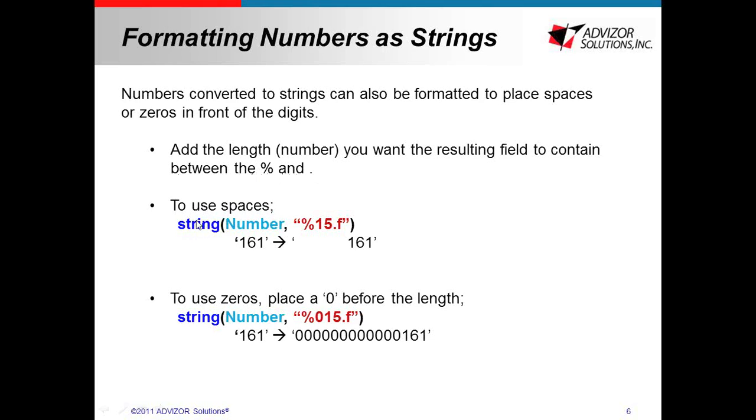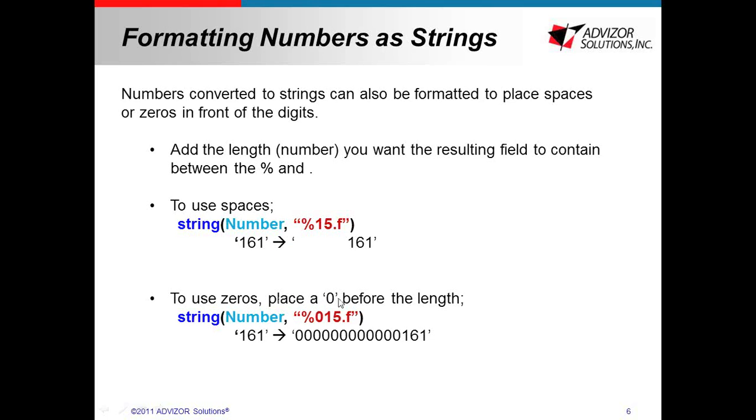So if I wanted to use spaces to pad this number, and say I wanted every number to be 15 characters long, I would do the percent, then 15, period, and then F. I'm still formatting it as decimal notation, I'm just adding spaces in front of it.